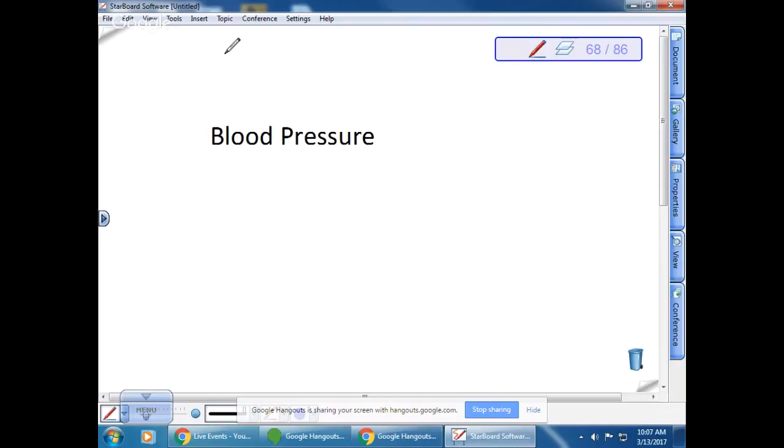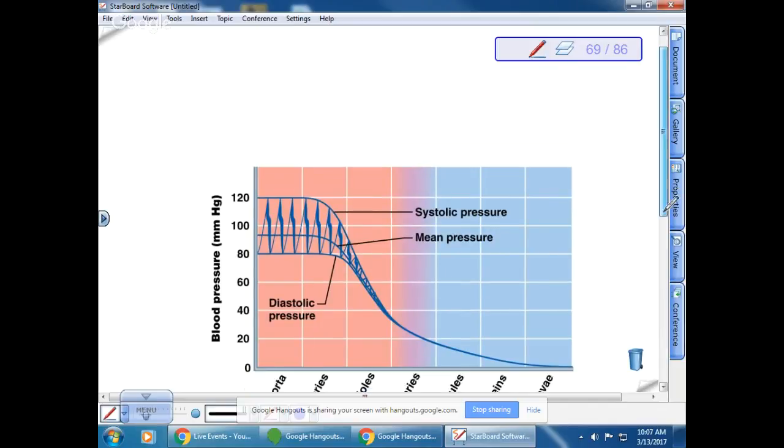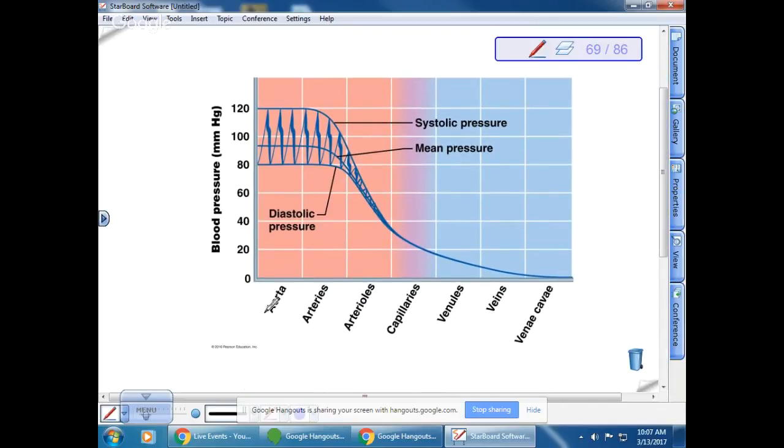As the blood moves through the vessels, it comes up against some resistance. So you'll notice here that we see a dramatic drop-off in blood pressure as we go from the arteries, the aorta, to the arterioles, which are really small. That means they have more resistance, and because of that more resistance, blood flow slows down and pressure also decreases.